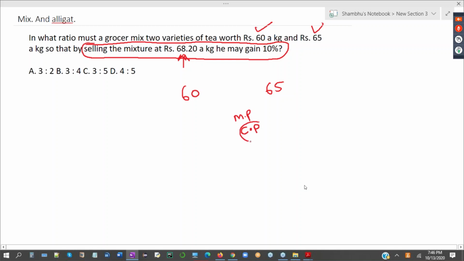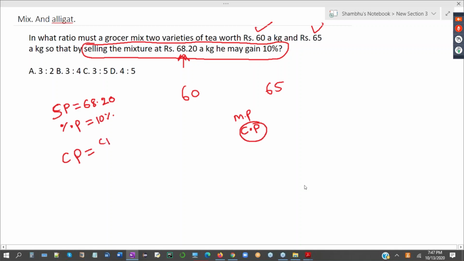Always in this type of question, the selling price will be given, and with the selling price, the profit percent will be given. Using this selling price and profit percent, you have to find out what CP is.